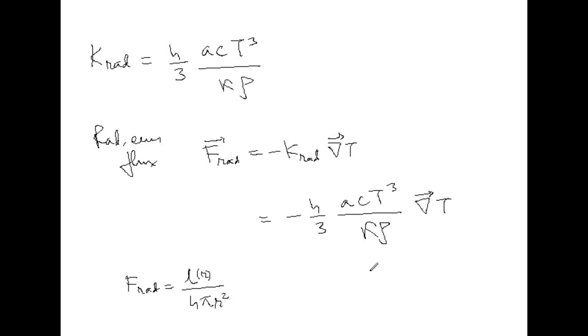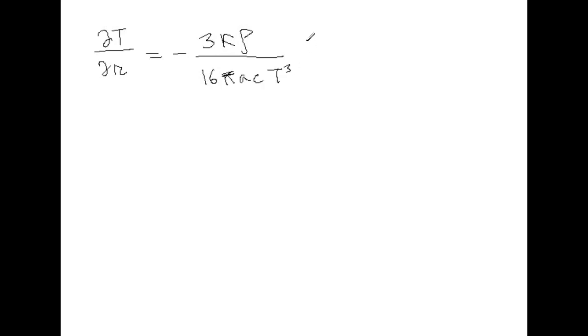So we can now rearrange this equation to obtain the temperature gradient, and that is basically dT/dr equal to minus 3 kappa rho divided by 16 pi a c T cubed times 1 by r squared.